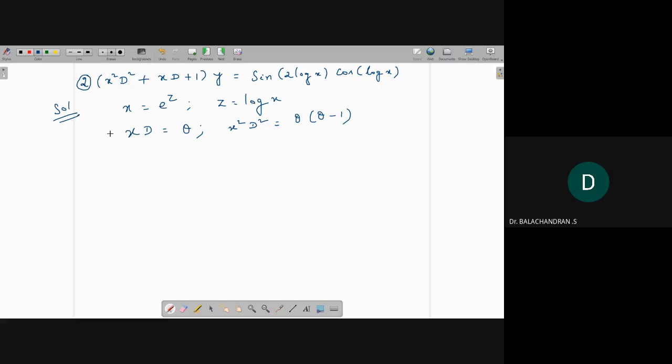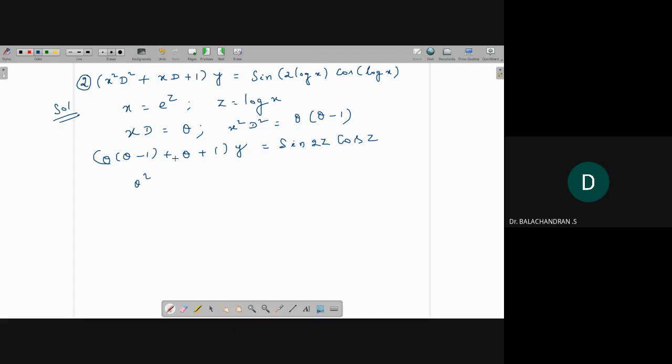So now if you substitute everything here, you'll get theta into theta minus 1 plus theta plus 1 into y equal to sine 2z cos z.